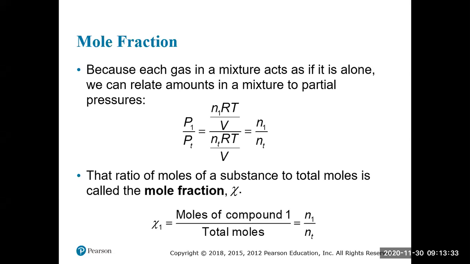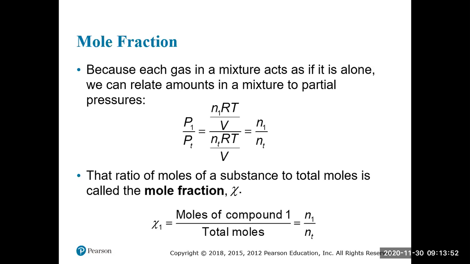R and T and V are going to stay the same because you have more than one gas in this same container. The temperature is the same, the volume's the same, the gas constant's the same. The only things that are varying are number of moles and, of course, the pressure.